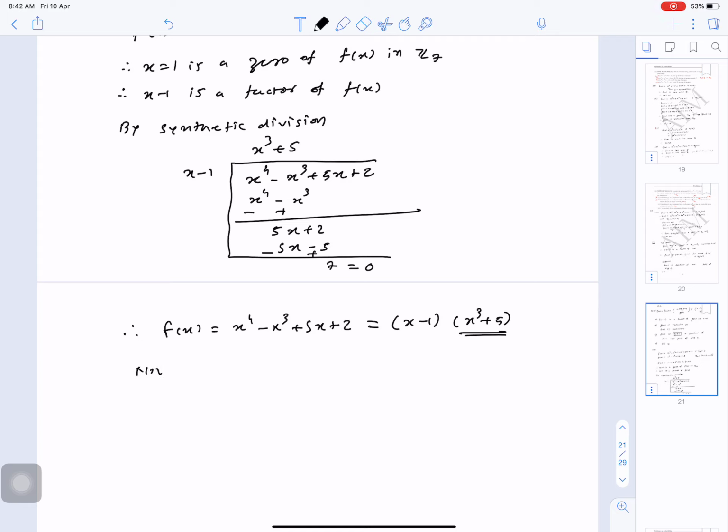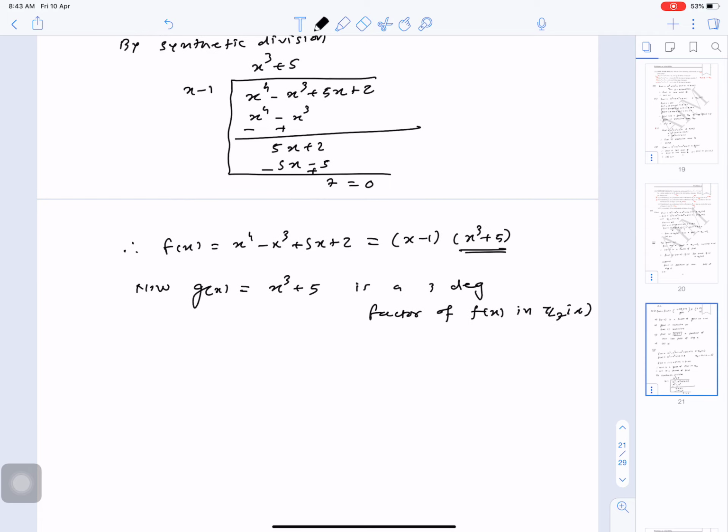So now consider g(x) is x raised to 3 plus 5, a 3-degree factor of f(x) in Z7[x]. Now we want to check whether it is reducible or irreducible.